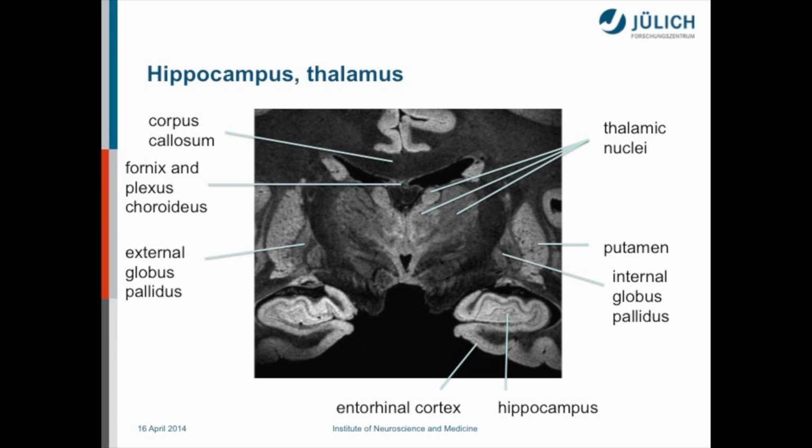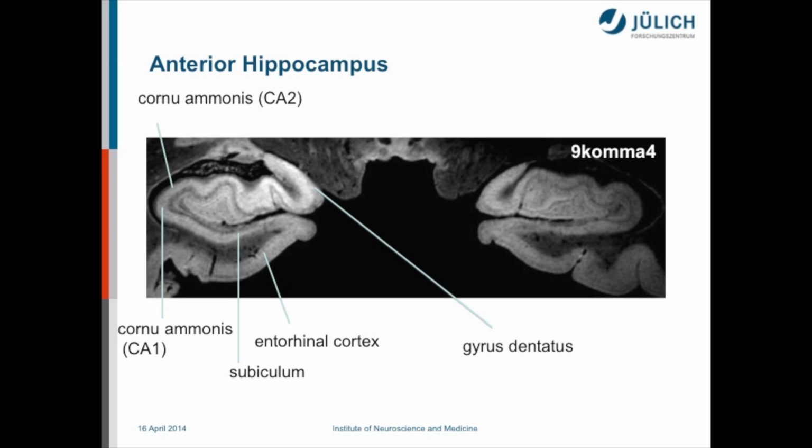I have to emphasize that for the MR people. This is isotropic voxel size. You can see beautiful grey-white matter contrast. You don't need segmentation algorithms anymore. And if you look at the hippocampus, beautiful layering structure, and you can even parcellate the hippocampus just based on the layers that you can see.